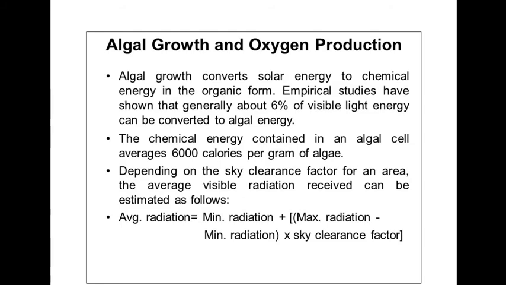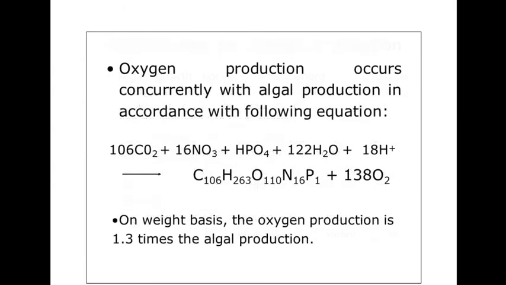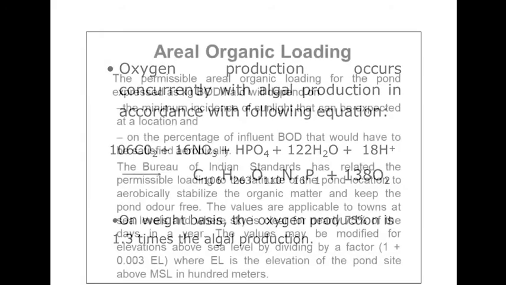Depending upon the sky clearance factor for an area, the average visible radiation received can be estimated. Average radiation is equal to minimum radiation plus (maximum radiation minus minimum radiation) times the sky clearance factor. Oxygen production occurs with algal production in accordance with the following equation. On a weight basis, the oxygen production is 1.3 times the algal production.